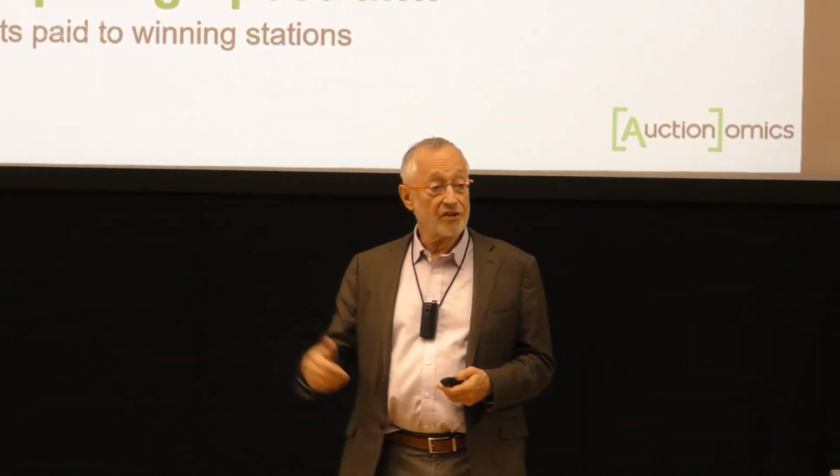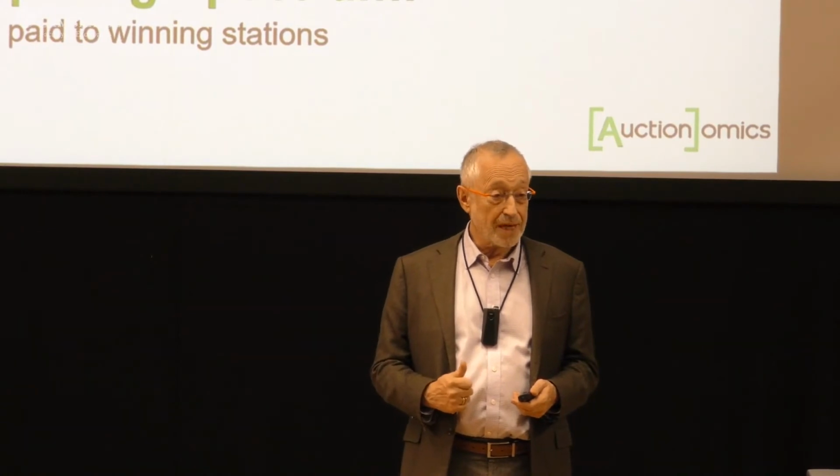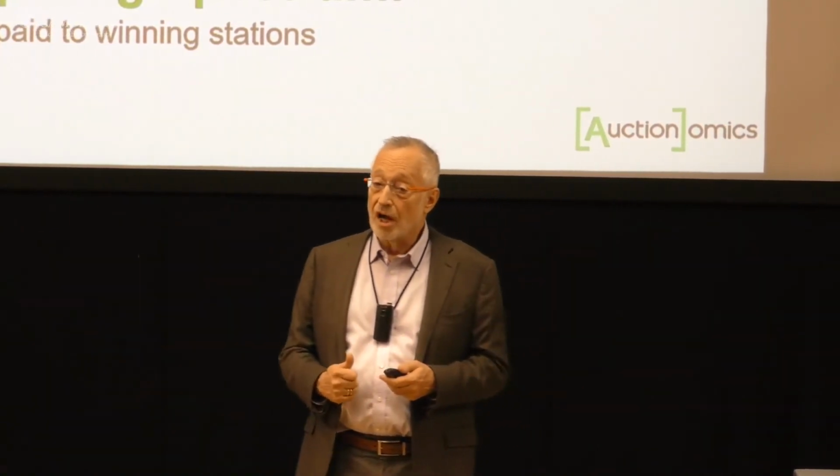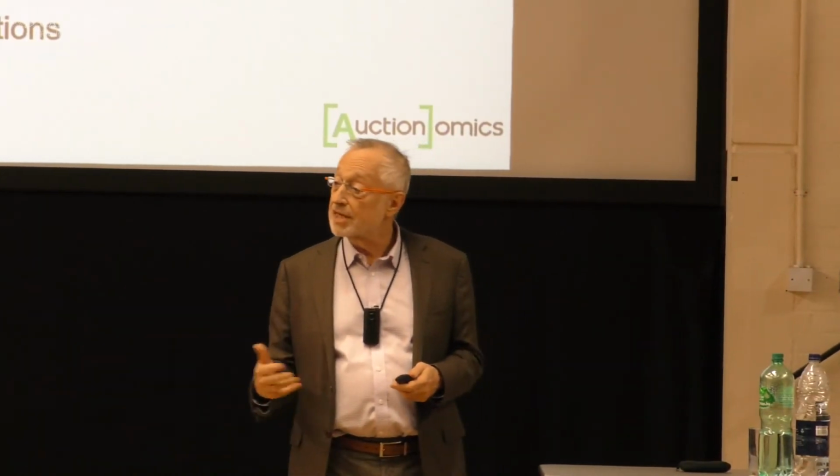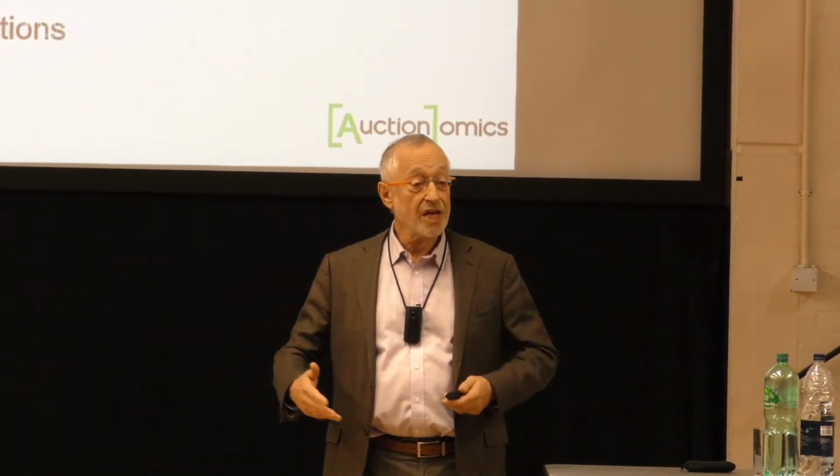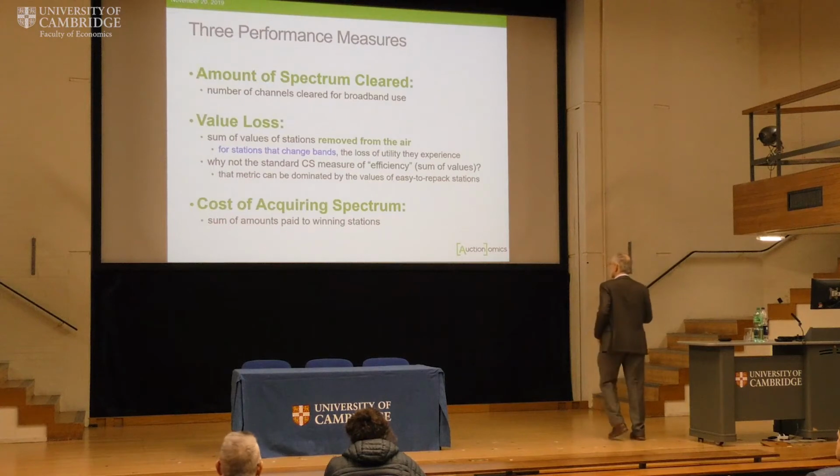And the VHF band is a lower frequency band, which is less suitable for television. But they could say, well, if you leave us on the air in the VHF band, we'll take that and we'll accept a smaller payment. So that was one of the options that was offered to the bidders during the course of the auction.